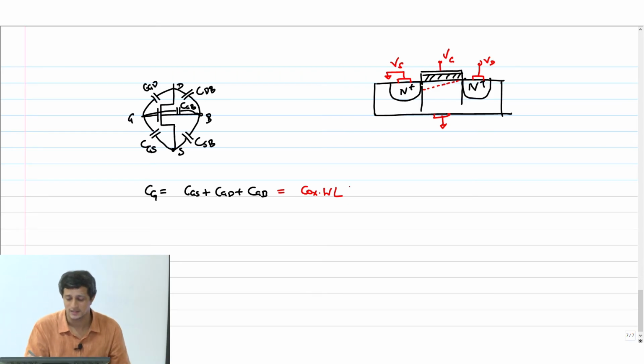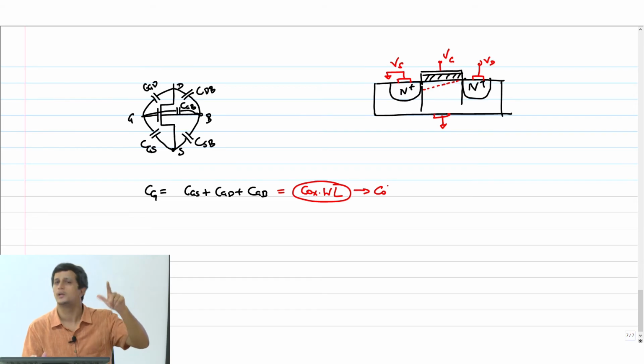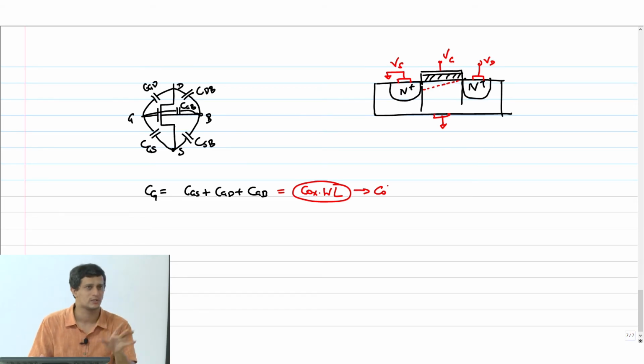All I am saying is this total capacitance which I have called C naught is being distributed across these 3 components. For digital purposes it does not matter because we are looking at the sum of these 3 components always. For analog designers you have to worry about these AC values also, and therefore you look at whether the source has more capacitance or drain has more capacitance. Okay, this is the ideal picture.